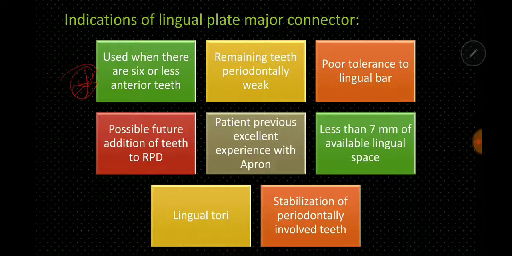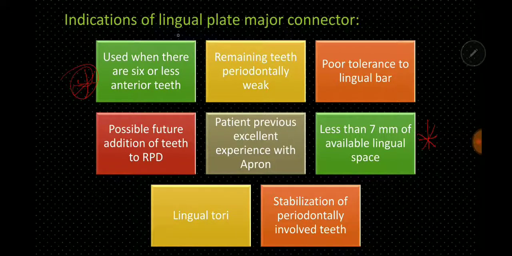However, if you use the lingual bar, then you have to remake the entire RPD. Also, another indication is if the patient had a previous experience with the apron connector.